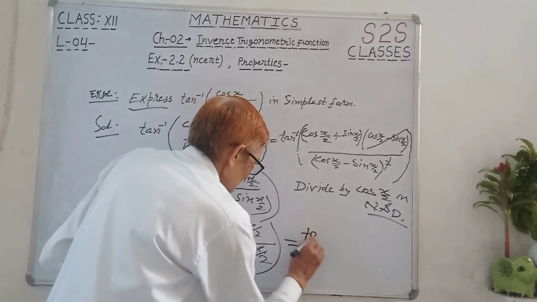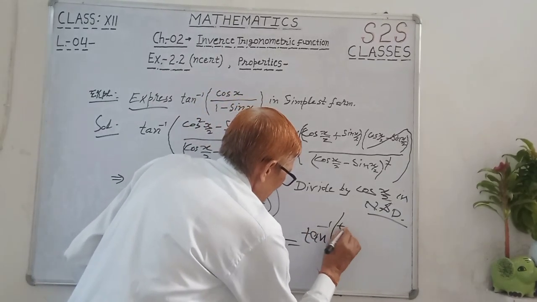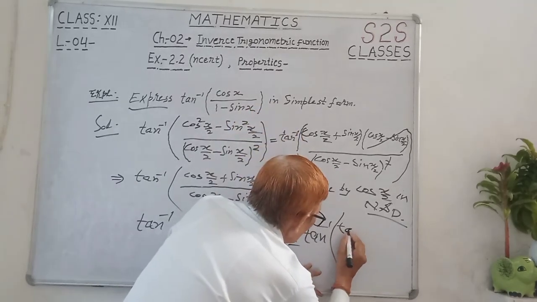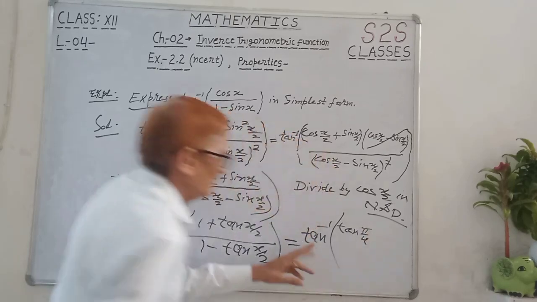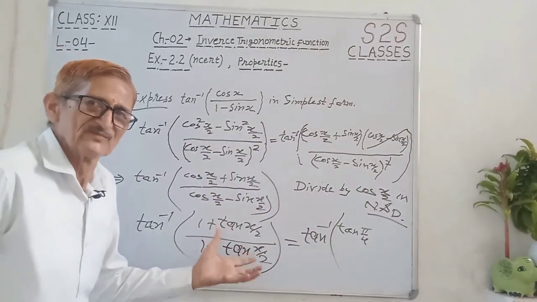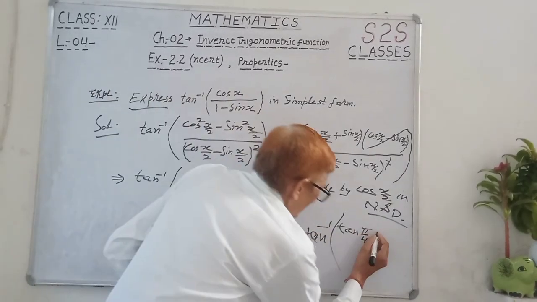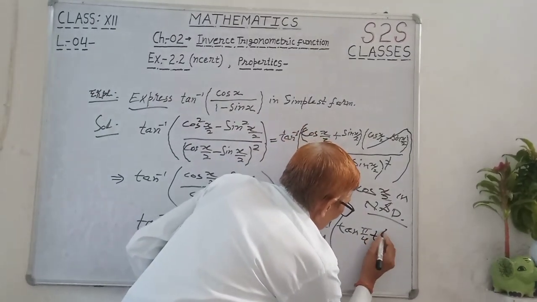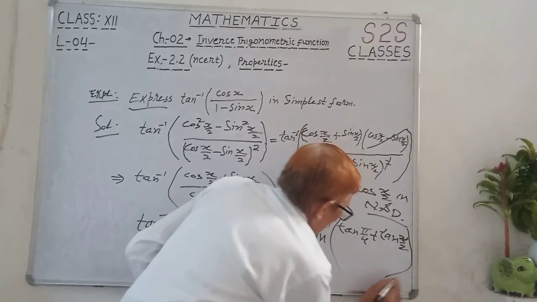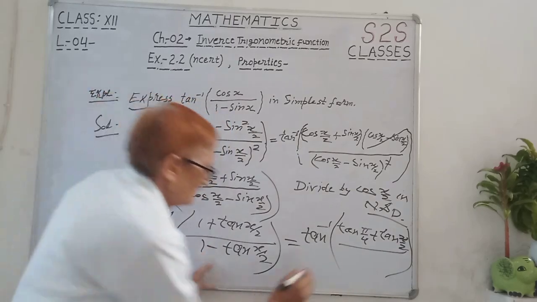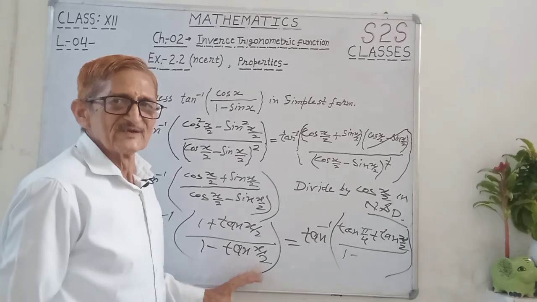This is an important step. 1 we can write as tan of pi by 4, because tan 45 degree is 1, so tan pi by 4 is 1. So replace 1 with tan pi by 4, plus tan x by 2 as it is, upon 1 as it is in the denominator minus tan x by 2.